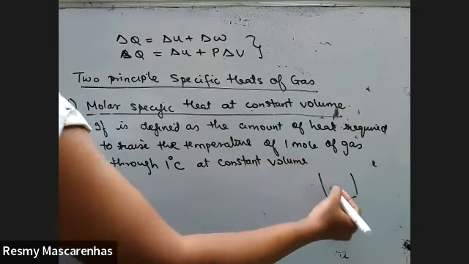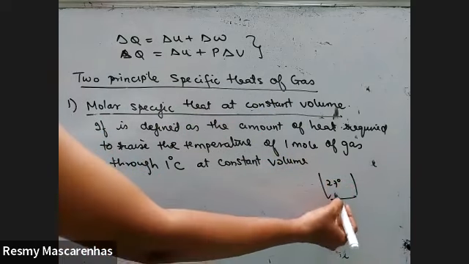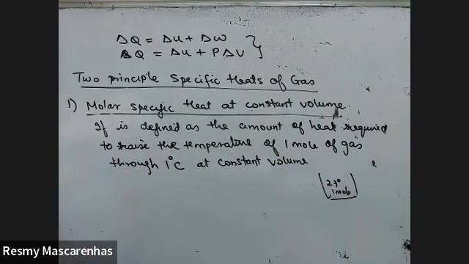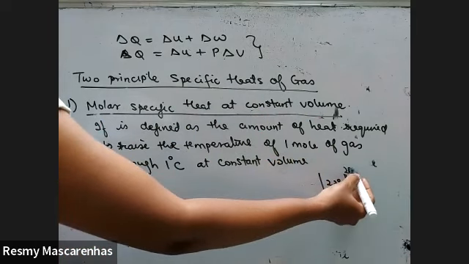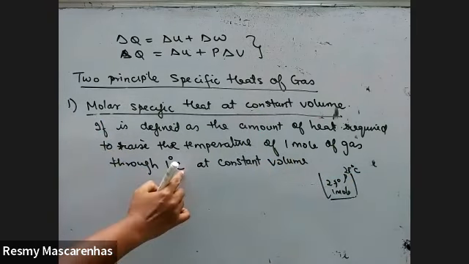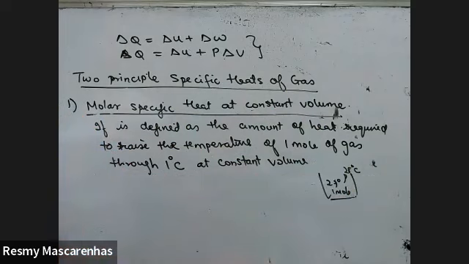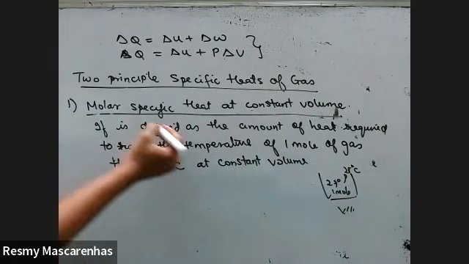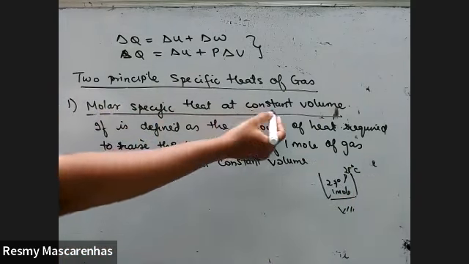So basically, suppose this was at 27 degrees, I put 1 mole of gas inside and I want to make it 28 degrees Celsius. From 27 to 28, just 1 degree I want to increase it. How much heat will I need? That is called the molar specific heat at constant volume.